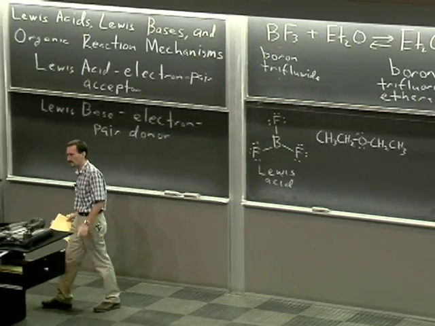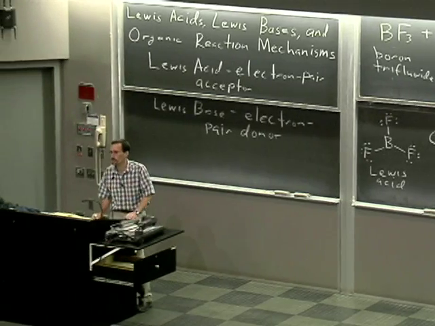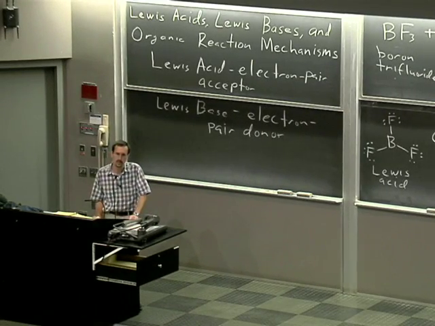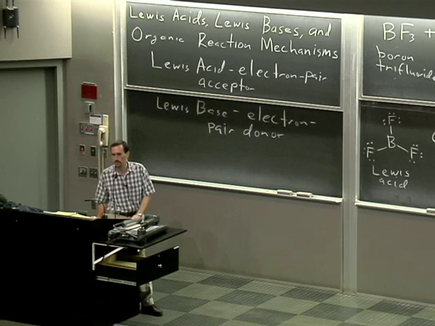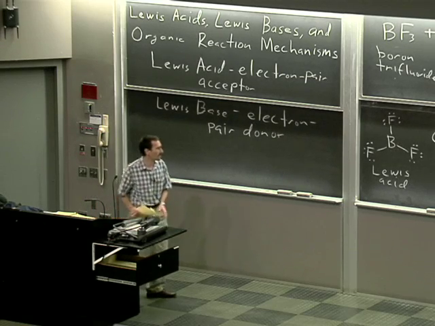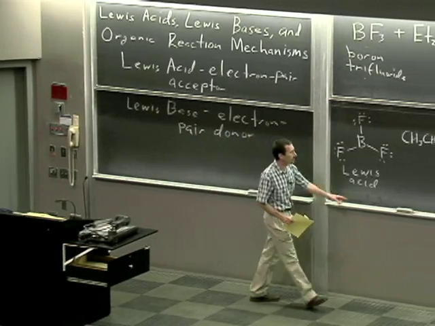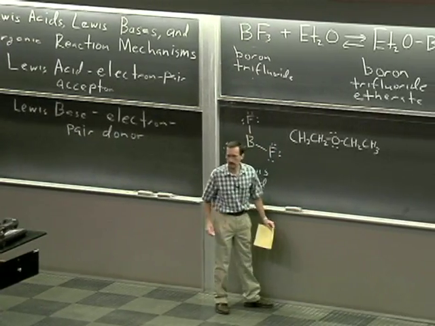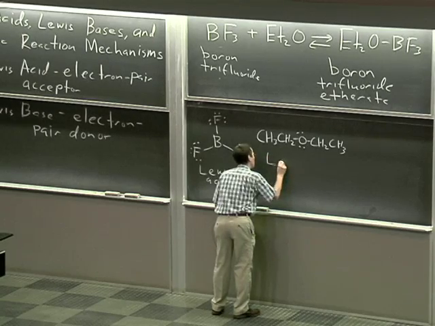But if you write an uncharged resonance structure, a resonance structure with no formal charges, it has only 6 electrons around the boron. In other words, the boron is unhappy. It wants an octet. The diethyl ether has electrons to share. It acts as a Lewis base.